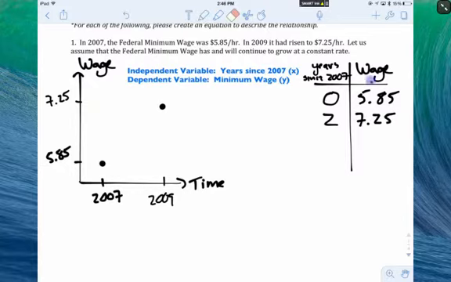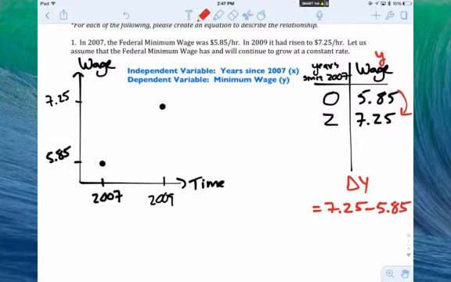So let's find out how much the minimum wage increased from 2007 to 2009. So we want to find the change in our minimum wage, right? That is going to be our y. So the change in y will be $7.25, what it ended up at, minus where it started, which was $5.85. So that is a $1.40 increase. So that is how much more the minimum wage was.